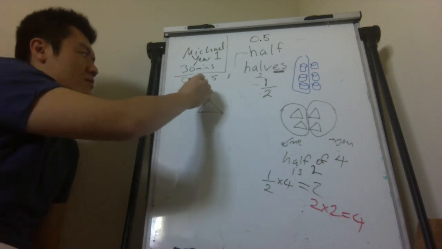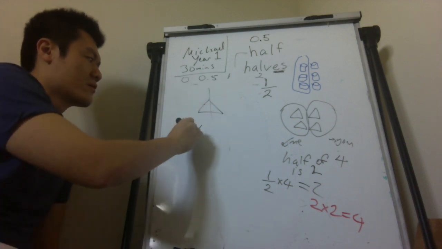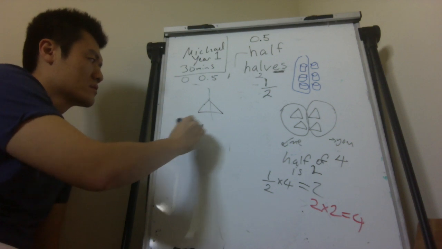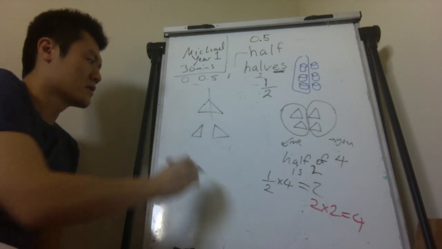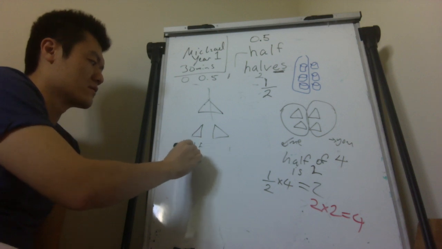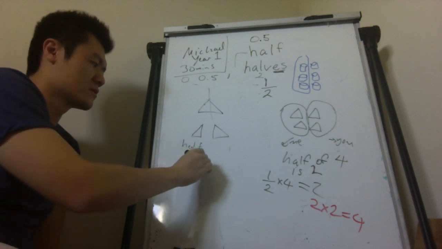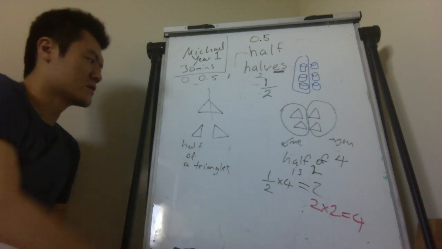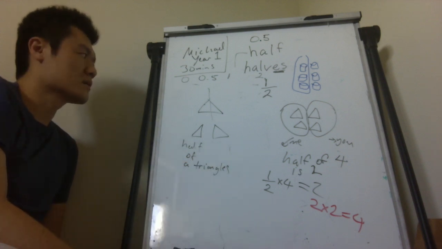And then you've got half a piece of cake, so now you have 2 halves. Okay, so each is half of a triangle. Does that make sense? Yeah.